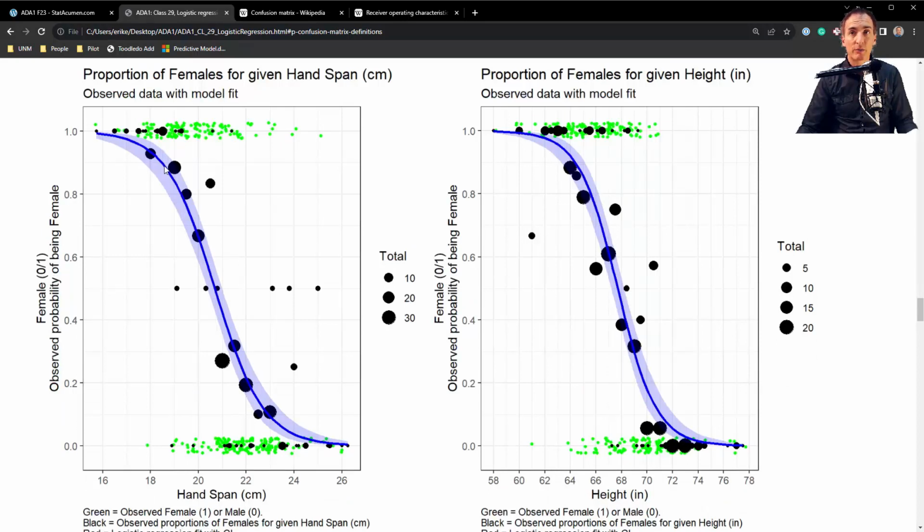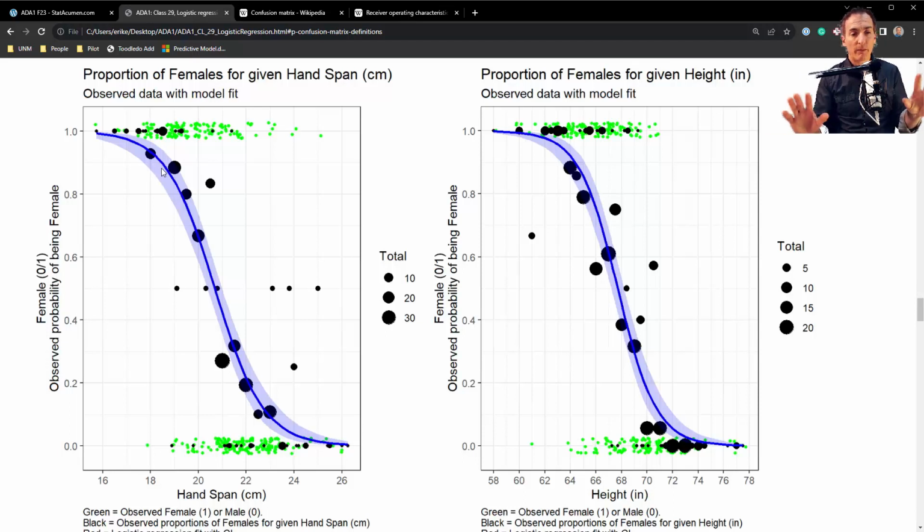So you're sweeping along the vertical axis, either from 0 to 1 or 1 to 0, and looking at all possible thresholds where if you're greater than that number, you classify as female. If you're less than that number, you classify as male. And you want to have some sort of criterion that says what is the best threshold here.